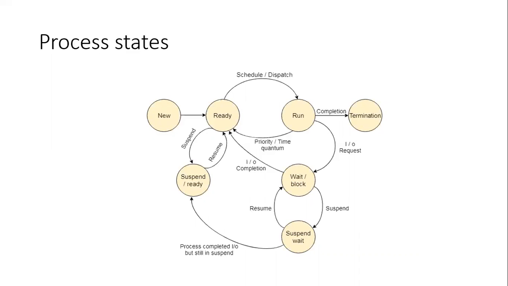Okay, so out of these process states, the primary process states are new, ready, running, terminated, and waiting, or we can say block state. These 5 states, 1, 2, 3, 4 and 5 states are primary states, and these 2, suspended wait and suspended ready, are additional states.